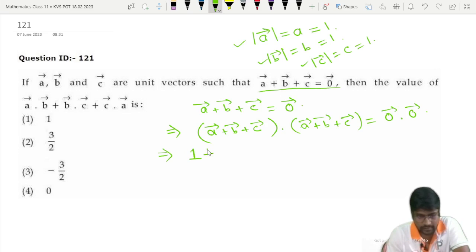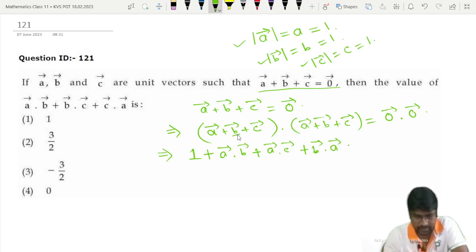Then we will get a dot b plus a dot c. Then come to b: b dot a and a dot b are the same, remember that. Again b dot b means mod b square, that is equal to 1.